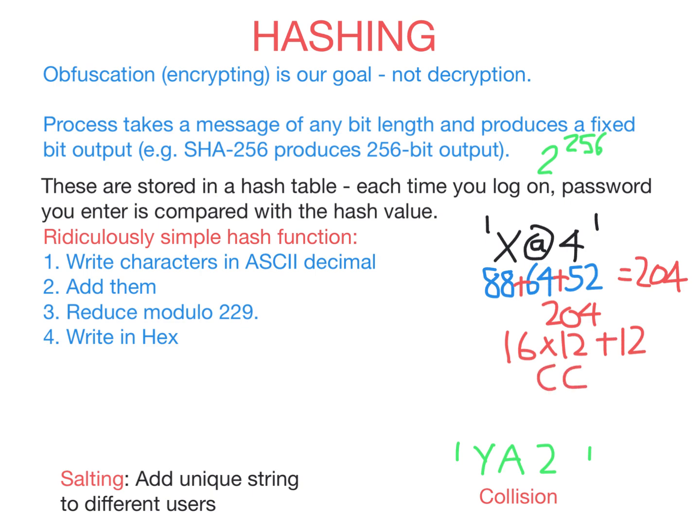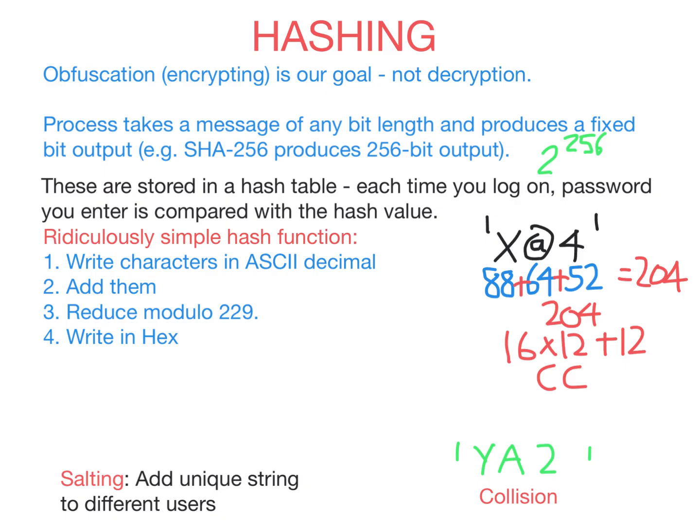Because 229 is less than 256, 2 to the power of 8, if I were to write this in binary, it would have 8 bits. We use zeros at the start if there aren't enough digits. So it'll always produce an 8-bit hash.